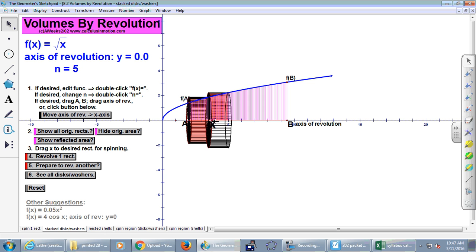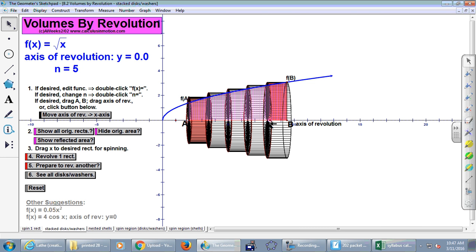And if you move x, you get another disk, and another disk, and another disk. So volumes of disks are easy, right? Those are just cylinders, and there's an easy formula for the volume of any cylinder. So it's very easy for us to find the volumes of those 5 cylinders and add them up. Just like when we were estimating areas, we would add up areas of rectangles, right? How could I get a better approximation for the actual volume, which this is too big, right?